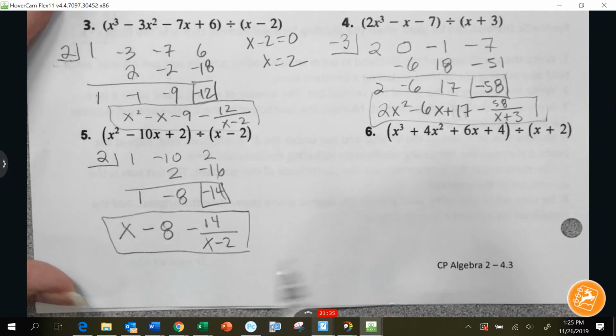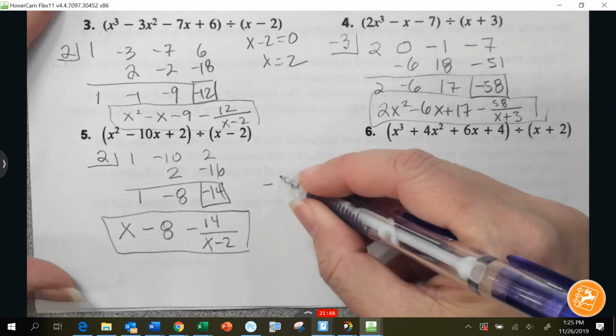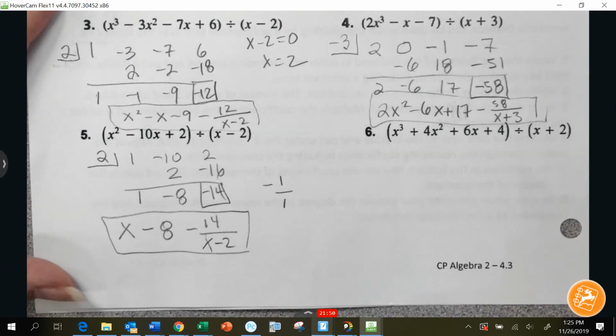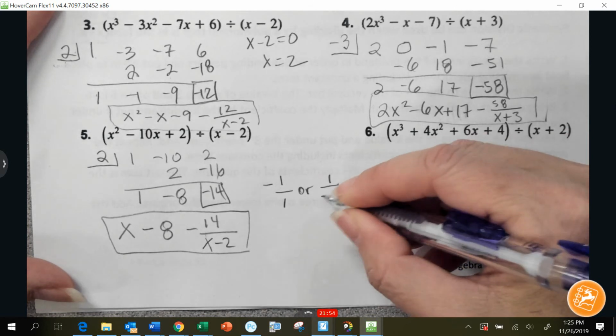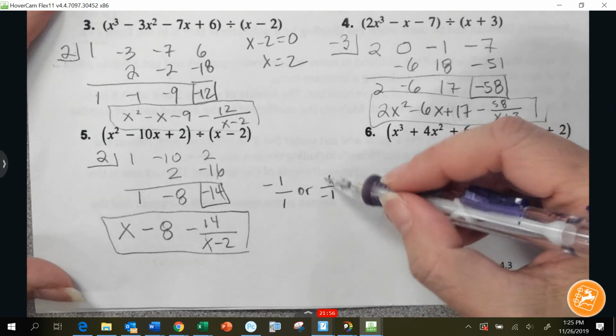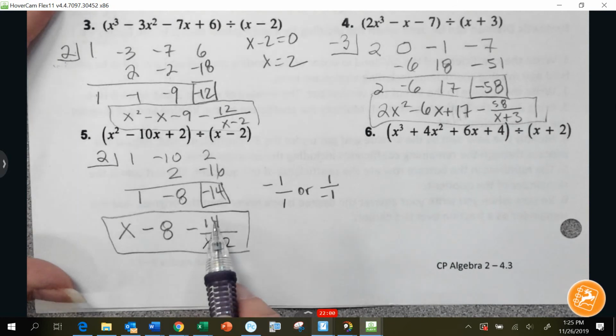Wouldn't it be negative, and on the outside of the 14 over negative x plus 2? No, because negative is a negative over a positive, or a positive over a negative. You can't have negative on top and bottom.